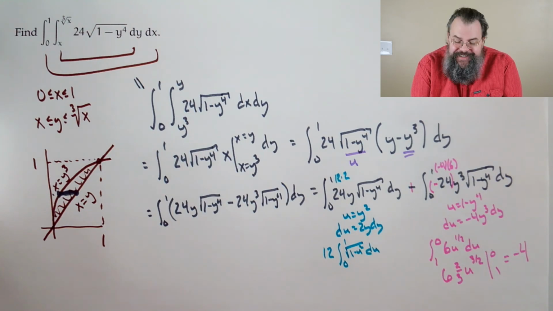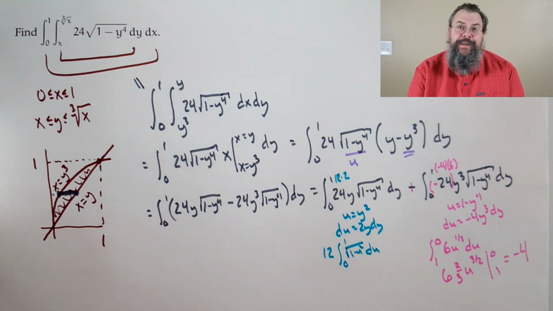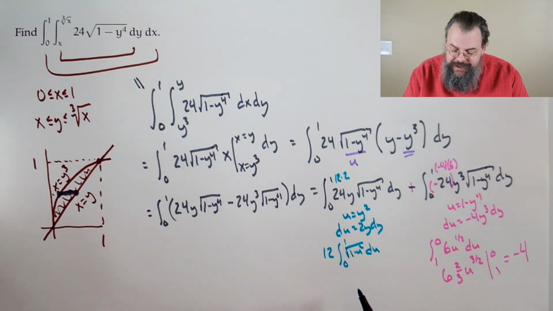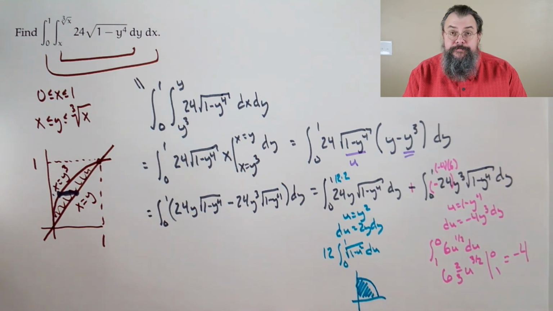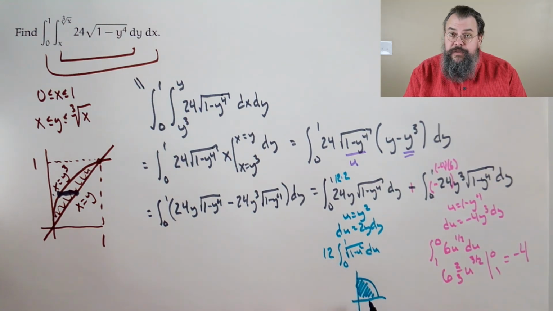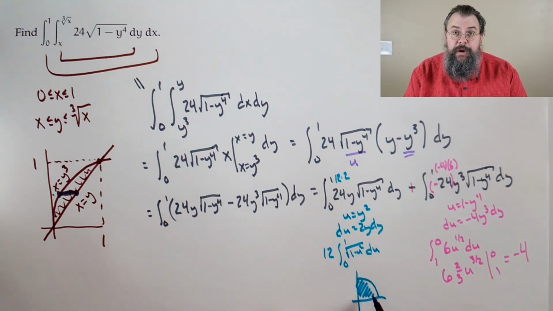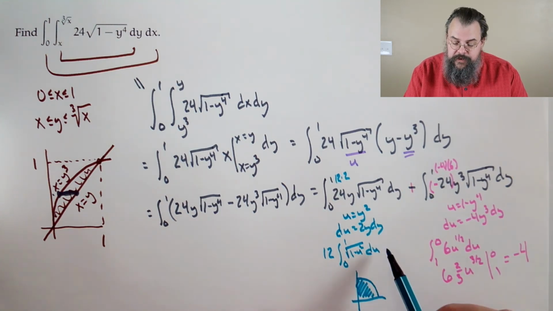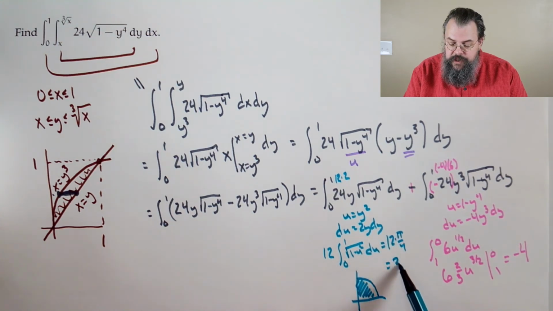We don't have to, because we should recognize it. This is not just anything. The square root of 1 minus u squared is what? It's a quarter of a circle. So we can interpret this as being the area of 1/4 of a unit circle. So that integral is 1/4 of pi. So this turns out to be 12 times pi over 4, which is 3 pi.